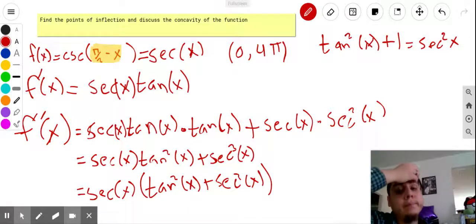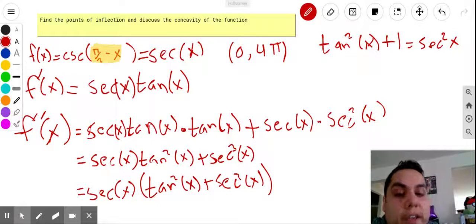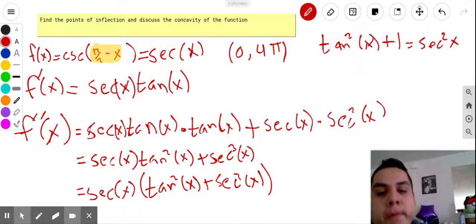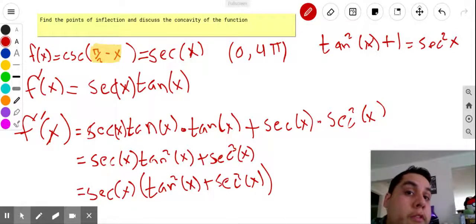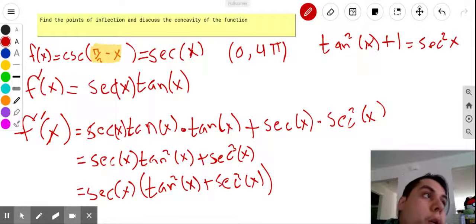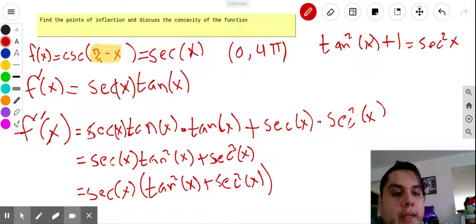So, do I want to replace the secant and work with a bunch of tangents? It's like six of one, half a dozen of the other. Yeah, I'm going to do it. So I could write this all in terms of secant squared, but I'm going to pass. And here's what I'm going to get.